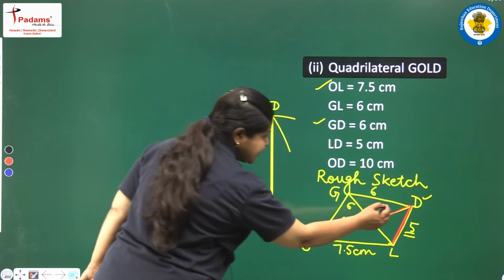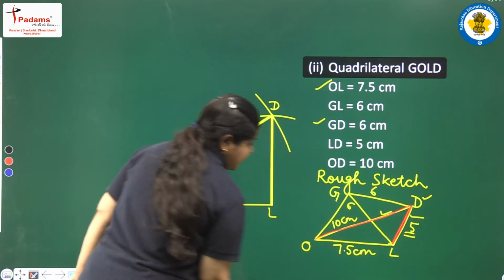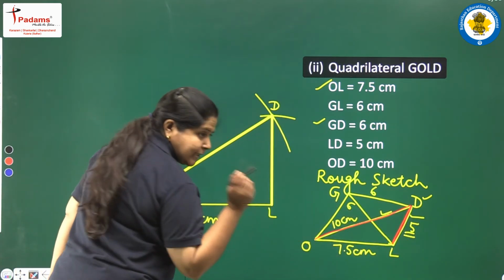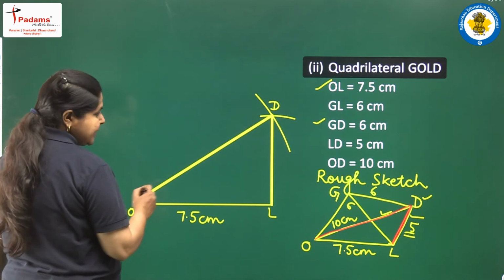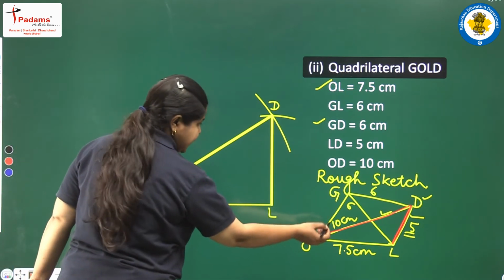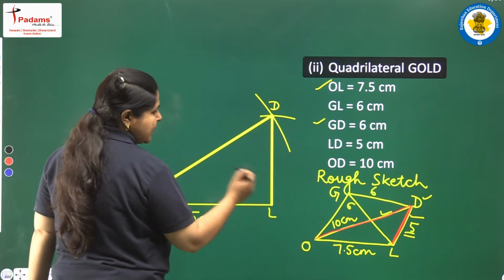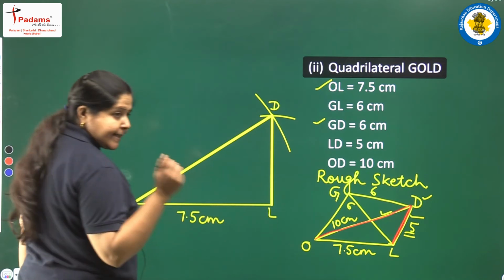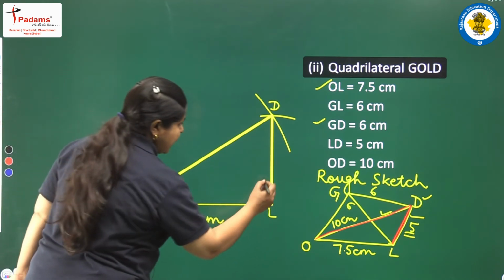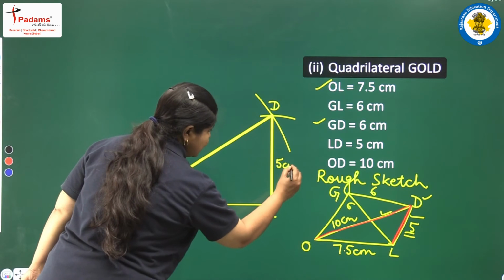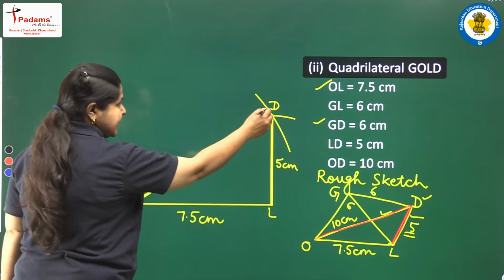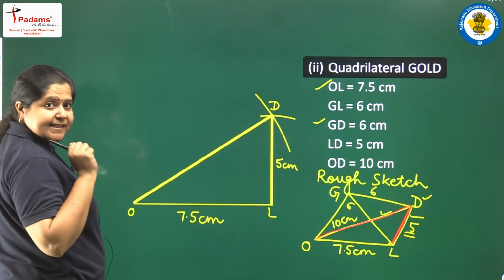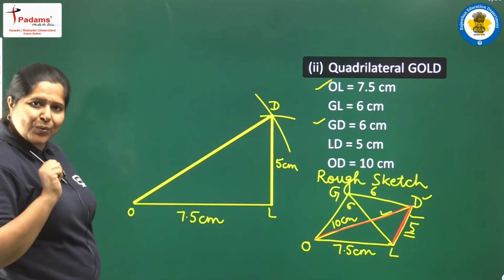So we have got these two red line segments. First we kept the pointed end of compass at O, then taking radius 10 centimeters, we drew one arc, then keeping the pointed end at L and radius 5 centimeter, we drew another arc, and then we got this point D as the point of intersection of the two arcs.